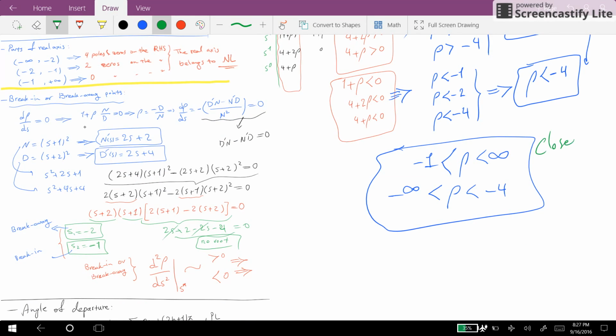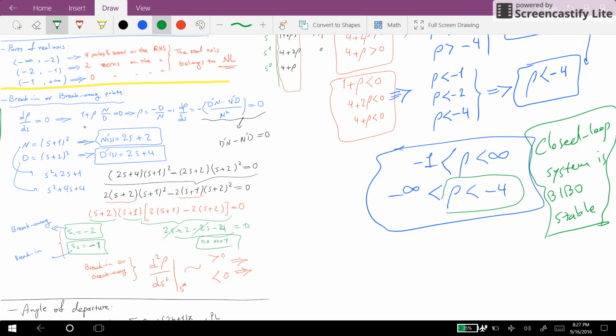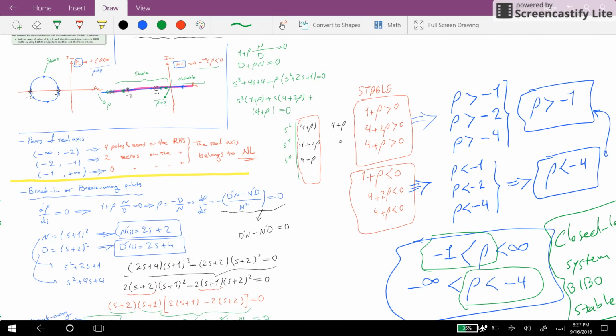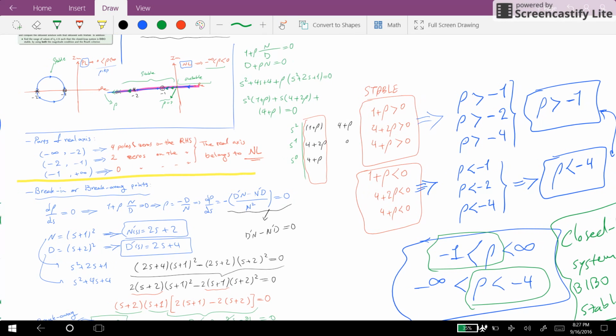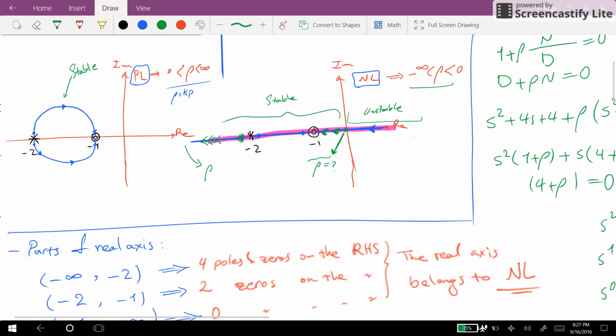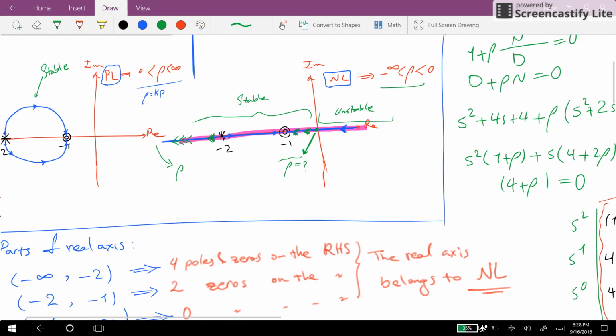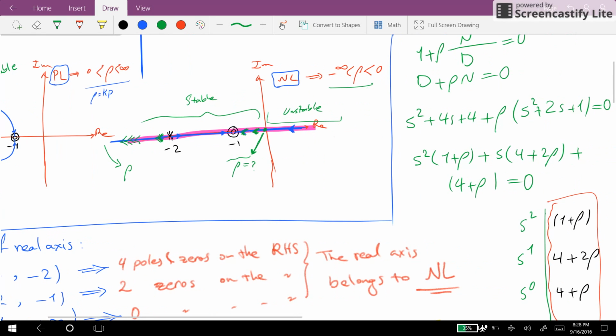The closed loop system is BIBO stable. Now let's see how we can find these values, rho equal to minus 4 and rho equal to minus 1, which are the marginal values for rho. This time, we will refer to the root locus graph that we have already drawn, and we will deal mainly with the negative locus because it's the important part here.